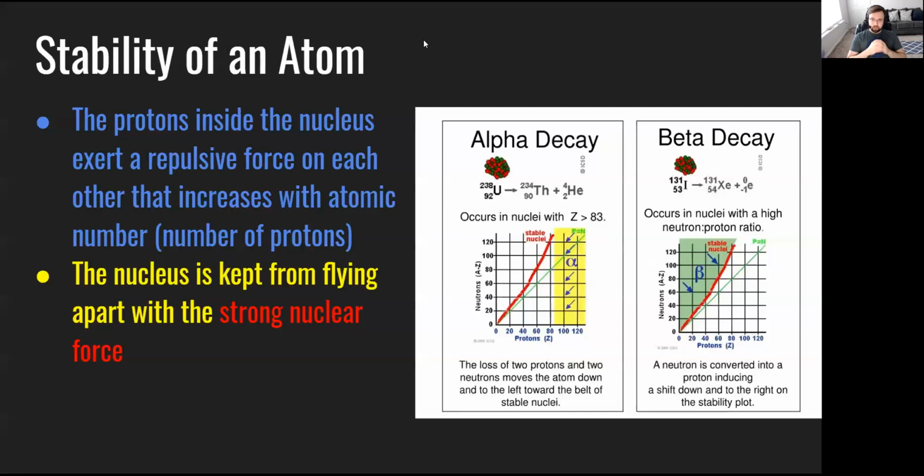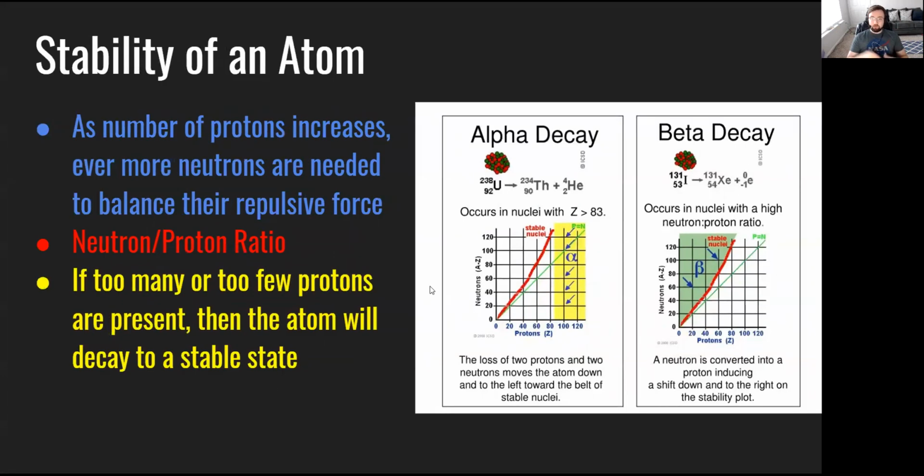So the protons in the nucleus are constantly pushing apart. Well, thankfully, there is a force holding them together, which is good because we need atoms for you and I to exist. This force is the strong nuclear force. That is what holds the nucleus together and keeps atoms together.